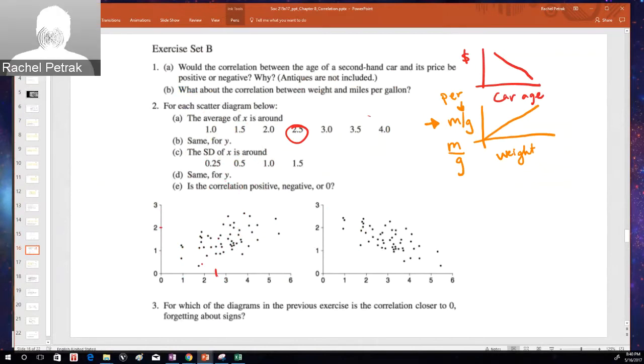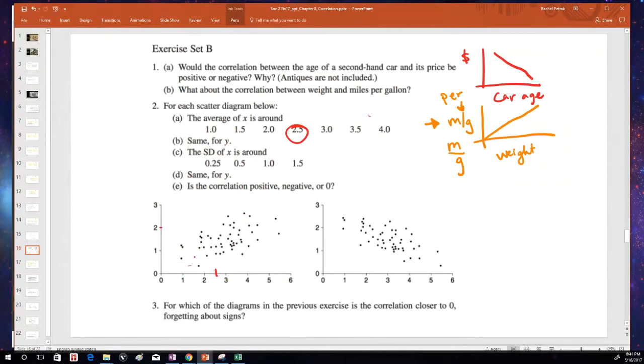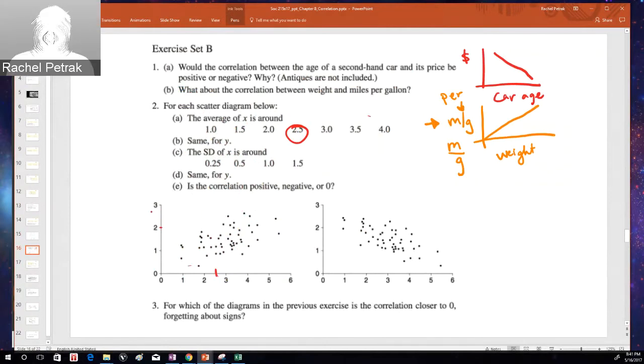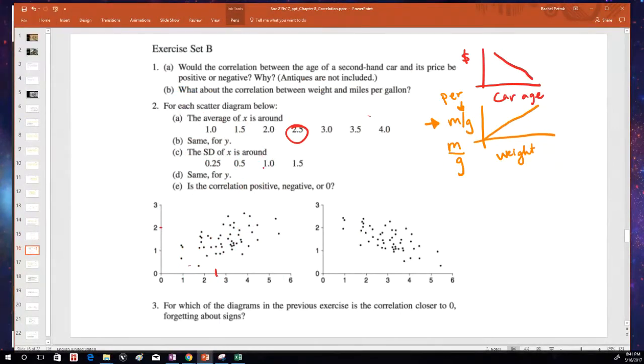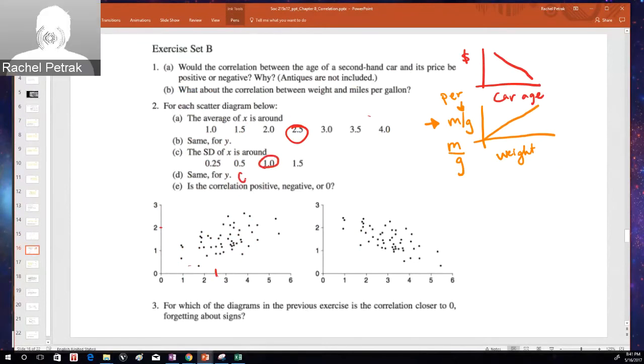If y ranges from about 1/4 to about 3.25, then the range of y is about 3, so the standard deviation would be about 0.5. If this one's closer to 1, this one would be 0.5.